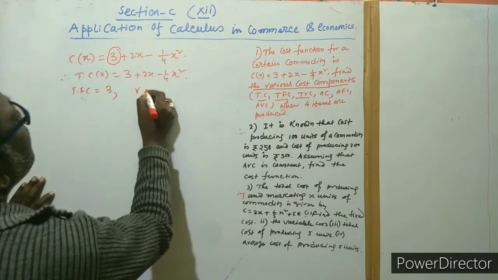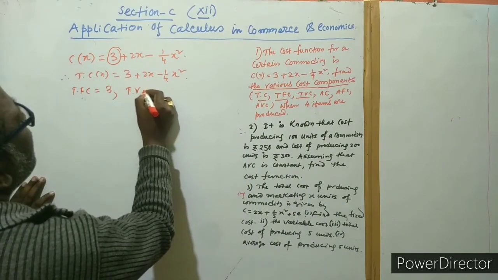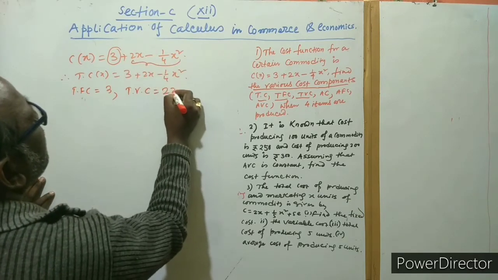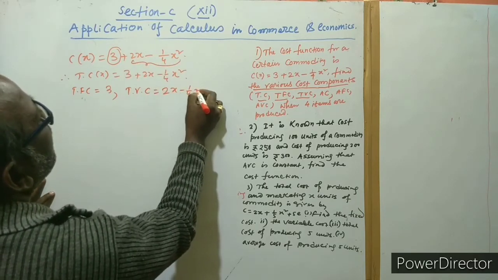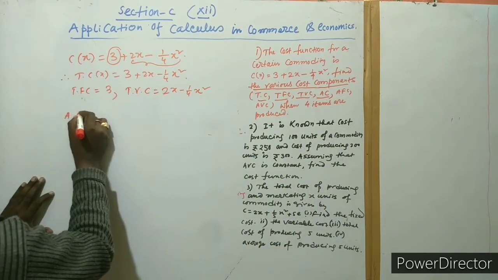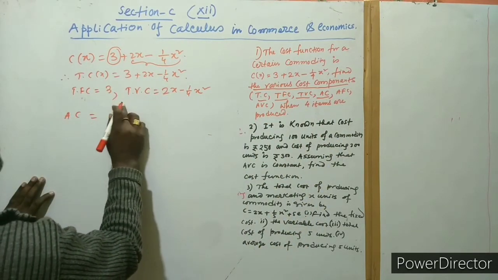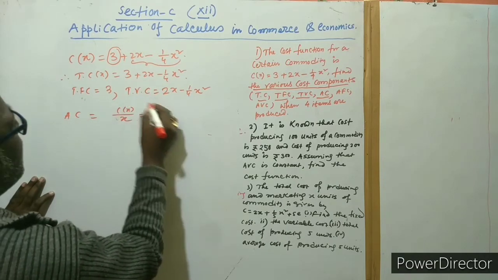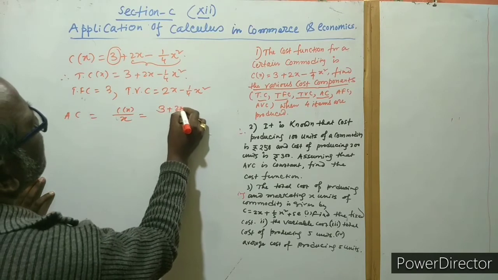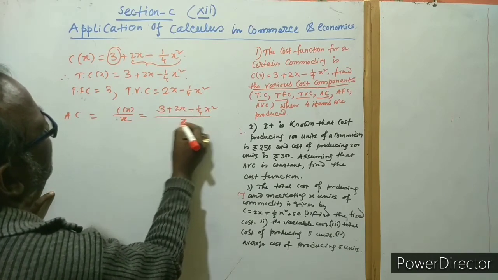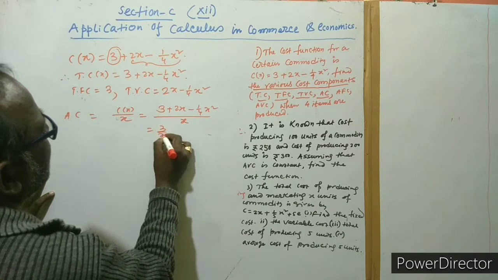Total variable cost, total VC, this is the variable cost. And now average cost, AC, is equal to Cx by x. Cx means 3 plus 2x minus 1 by 4x square, all divided by x. So 3 by x.